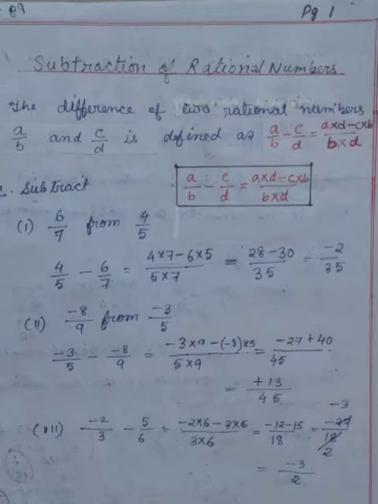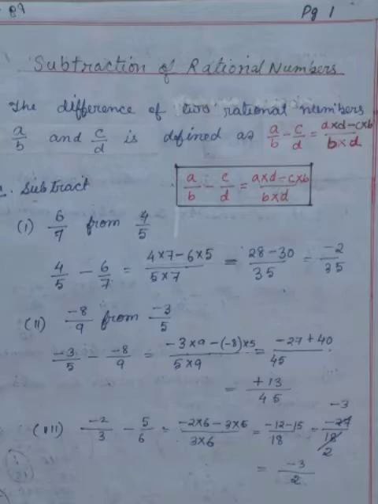And if we multiply, we get 28 minus 30 divided by 35. It is equal to minus 2 by 35.